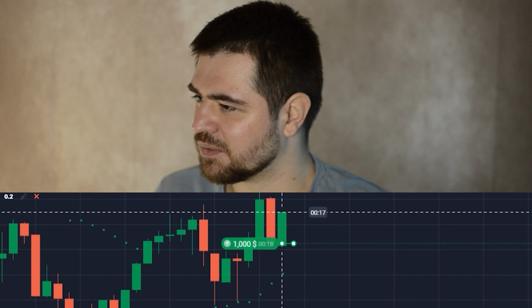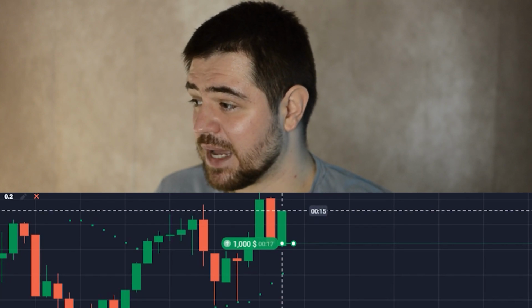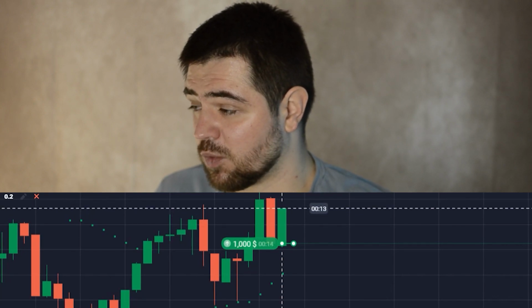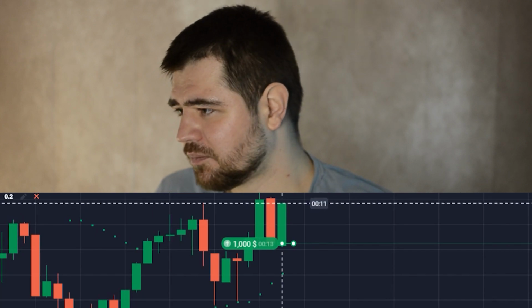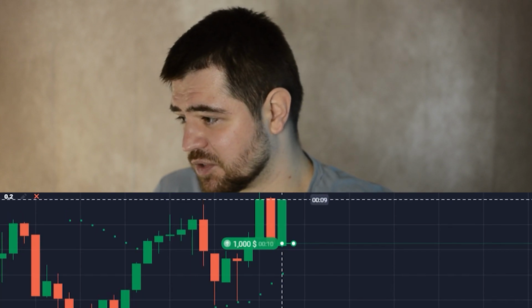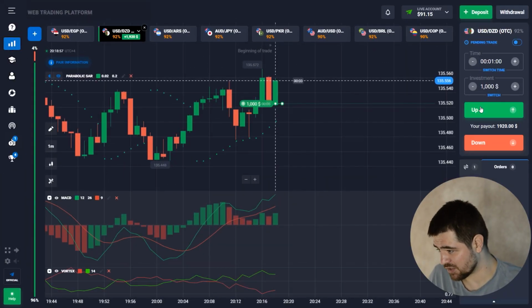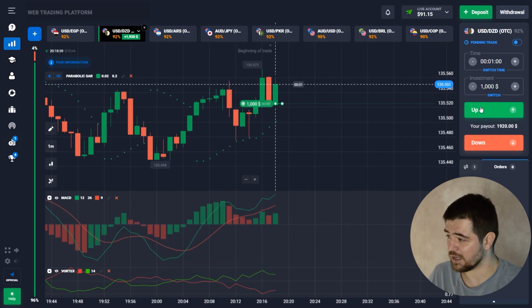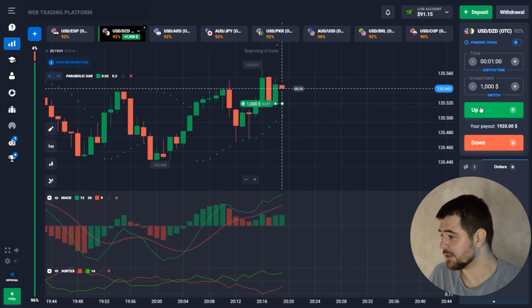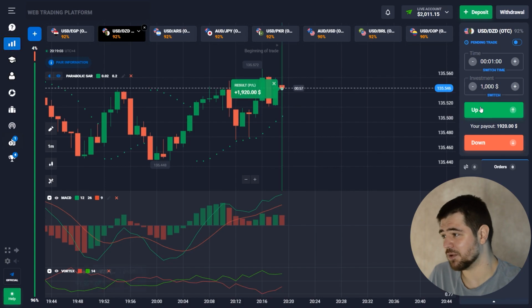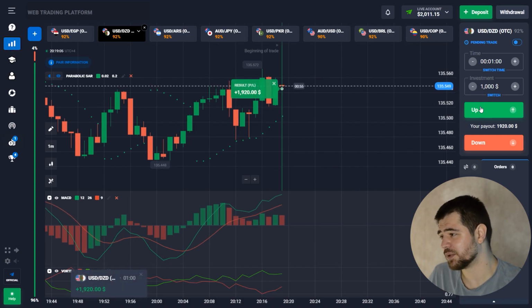Okay, so here we made a 1,000 call option. Vortex is showing a dominance of the green line, which is a bullish trend, and then MACD is looking at the top as well.